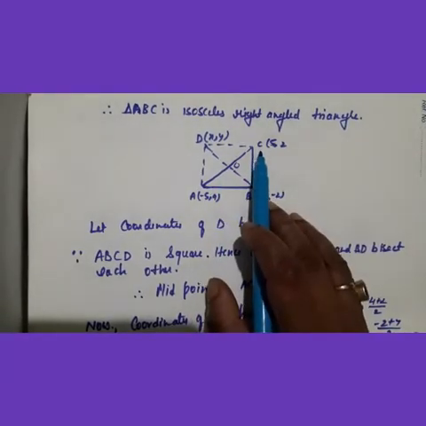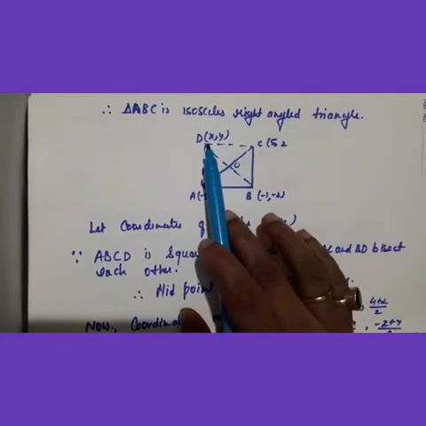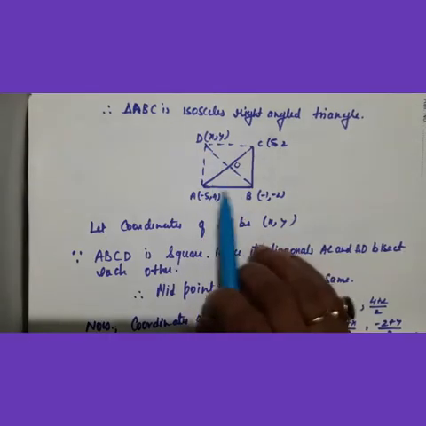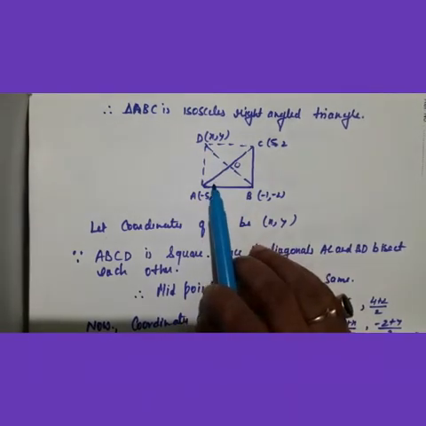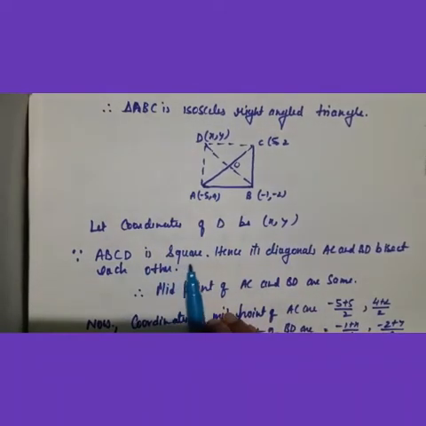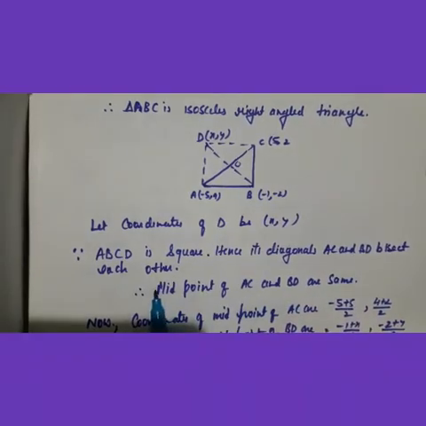Now next we have to find the coordinates of D if ABCD is a square. So let the coordinates of D be (x, y). Since ABCD is a square, its diagonals AC and BD bisect each other.